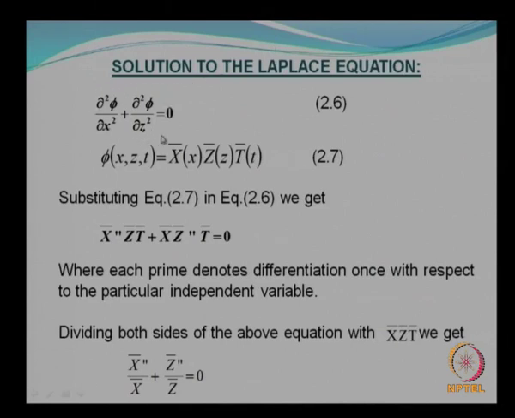When you try to obtain the solution for the Laplace equation, we are dealing with two dimensional flow. So it is a boundary value problem, two dimensional, and hence I can represent the velocity potential as a function of x, z and t, which will be assumed to be a product of X, which will be a function of x, Z, a parameter which will be a function of small z, and T, which will be a function of t.